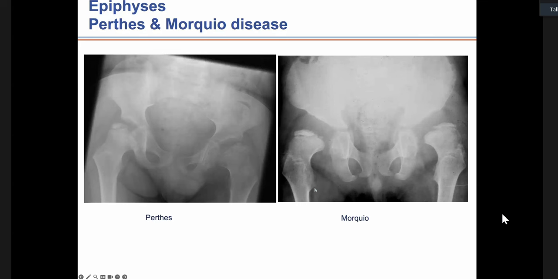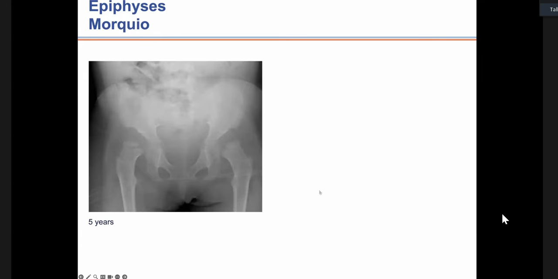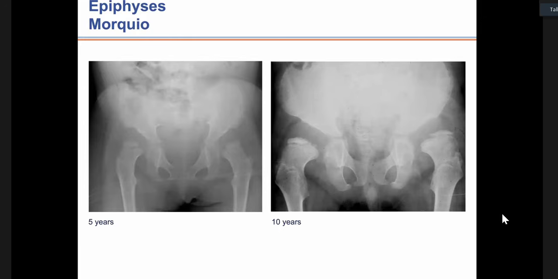The other thing is they sometimes get these relatively small lesser trochanters. So here we're going back to the Morquio at 5 years of age with coxa valga, with flared iliac wings, with shallow acetabula. And then this is the 10-year-old. So what happens is that they actually start off in Morquio with normal capital femoral epiphyses, and then it gets resorbed.